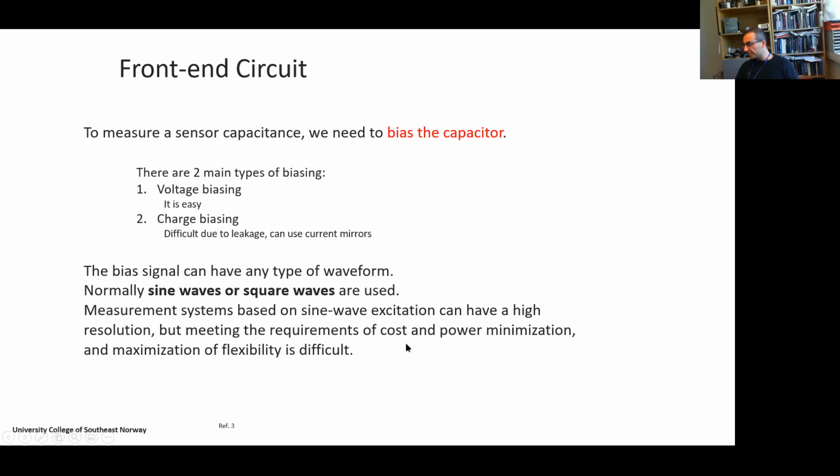A measurement system based on sine wave excitation or biasing can have higher resolution, but it has cost implications, because you need a circuit which produces a sine wave, reads it, and then converts it again to the DC values we are interested in. Power consumption may go up, and the flexibility becomes a little bit different. Again, this depends on the design, but looking at the general picture, you can conclude these things.